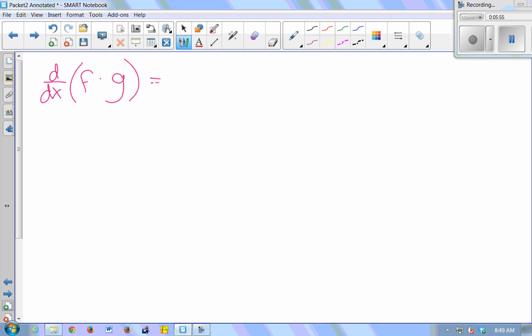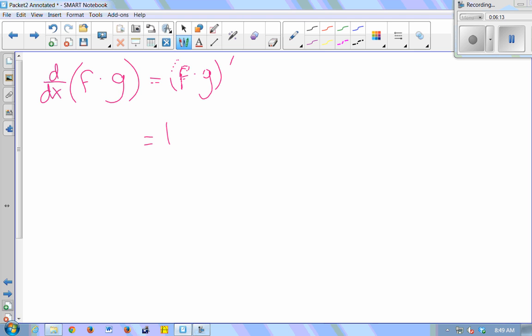Well, I'm going to use the definition of a derivative, the limit as h goes to 0. So this is f times g prime. Just another notation.